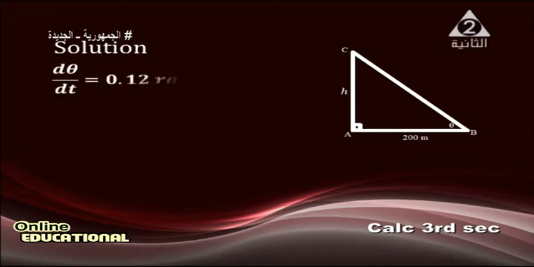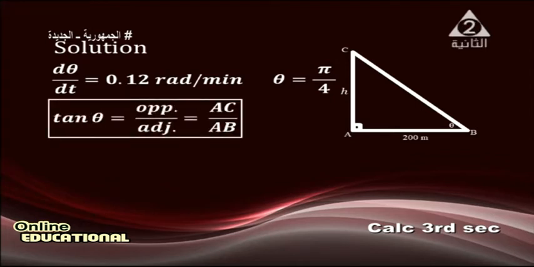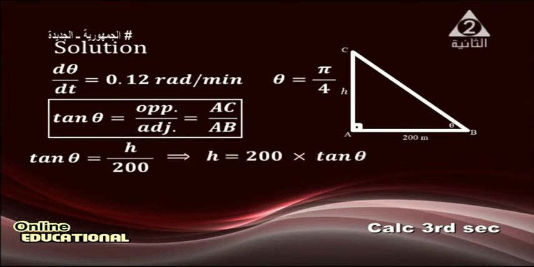Then dθ/dt equals 0.12 rad per minute at θ equals π/4. What is the relation between θ and the height h? Tan θ equals opposite over adjacent equals AC over AB. Then tan θ equals h over 200. We can write this relation as h equals 200 tan θ.